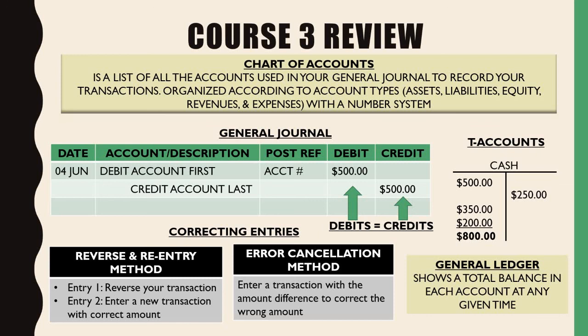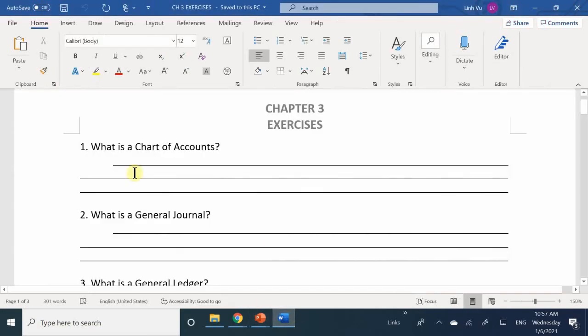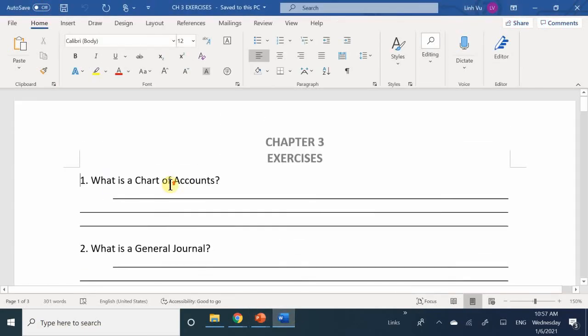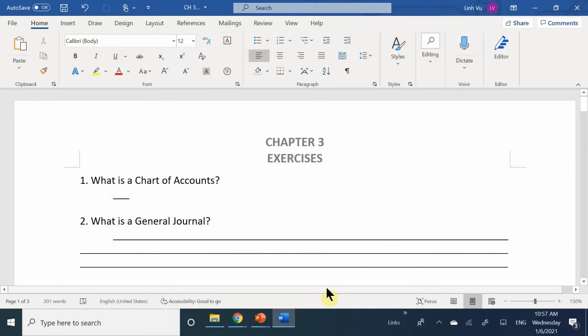All right. Okay, so let's go ahead and get started with our little exercise here. So, what is the chart of accounts? It is the list with all accounts used in our general journal. Good. A list of all accounts used in a general journal.